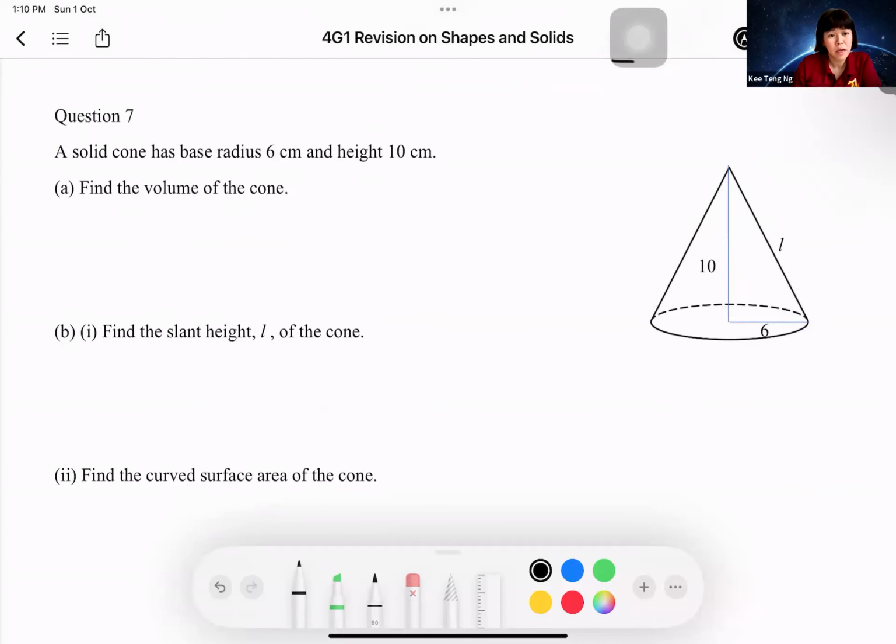Now for this part, a solid cone. Okay, a cone, the formula for the cone is given. So the volume of a cone equals 1/3 times the base area. Base area is that of a circle, so this will be pi r squared times the perpendicular height h.